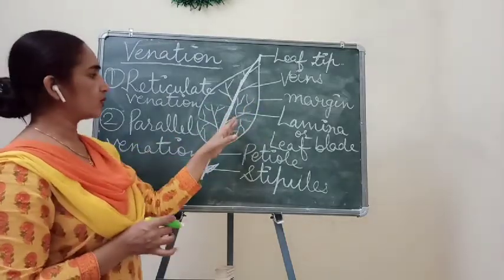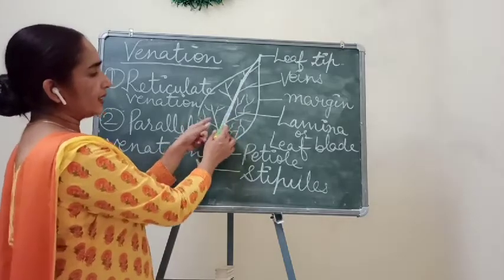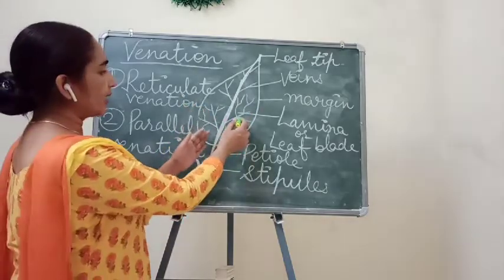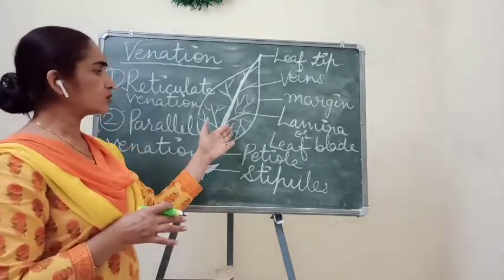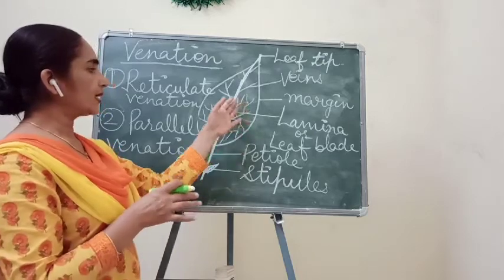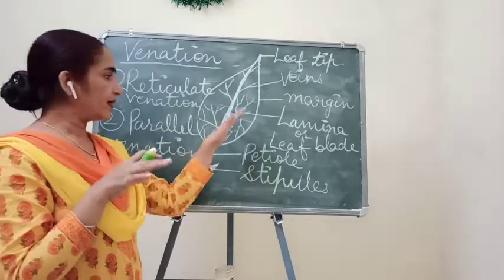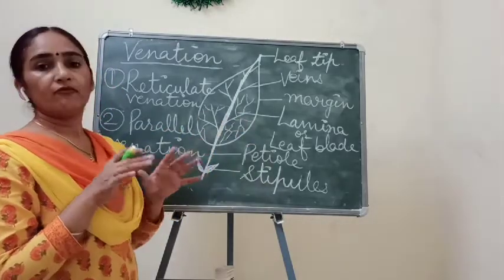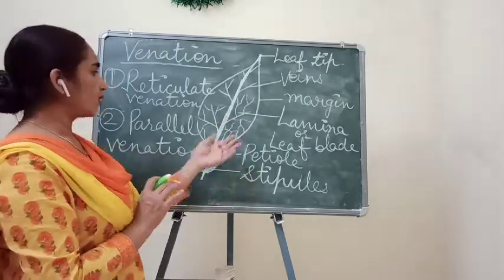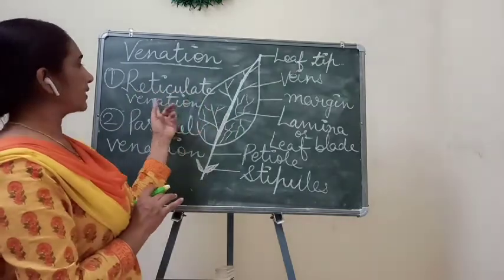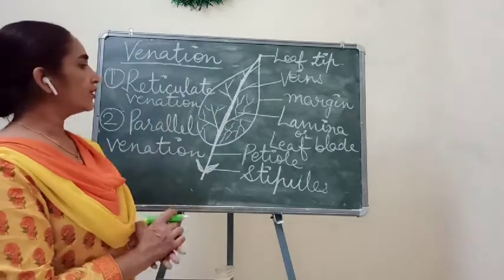Here veins come from the midrib and make a branch-like structure, and again divide and subdivide into subveins, and ultimately cover the full leaf lamina, making a web-like structure or network of veins. This kind of venation is called reticulate venation.